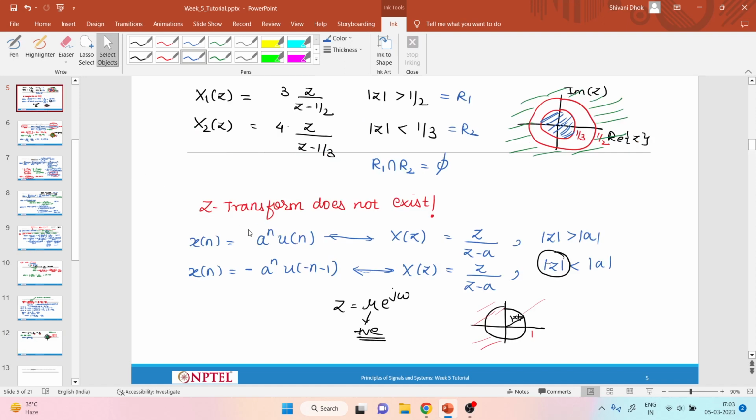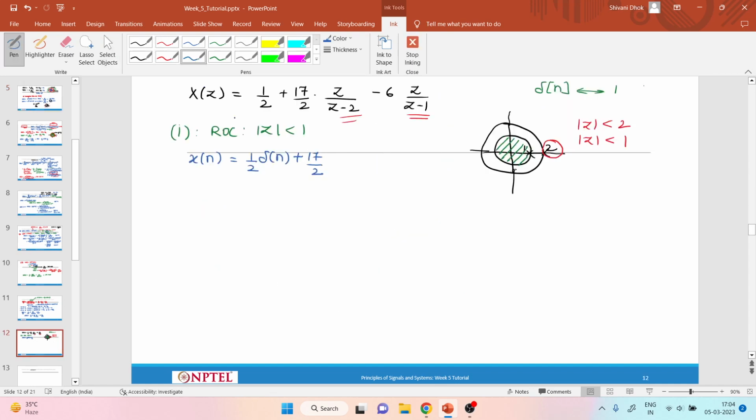So if we observe the standard form here, it is of this form: Z upon Z minus a, here Z upon Z minus 2 with magnitude of Z less than 2. So for that case, my inverse Z transform will be minus 2 power n u of minus n minus 1.